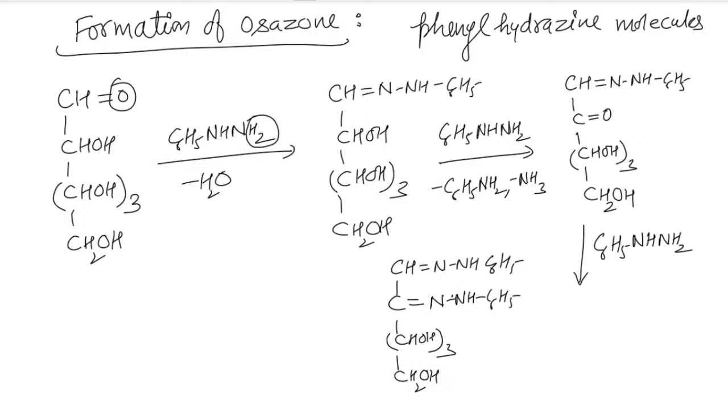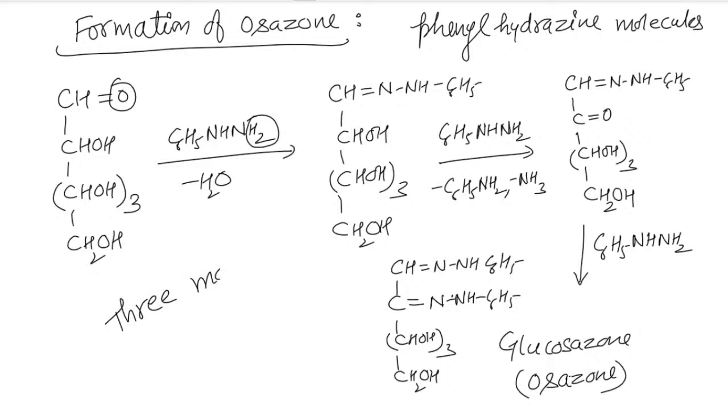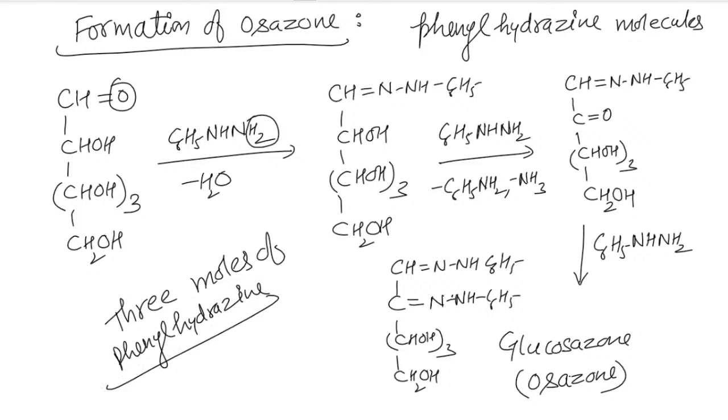So this is called glucosazone. This is actually osazone. Okay. So in the above reaction, during this osazone formation, 3 moles of phenylhydrazine are used.